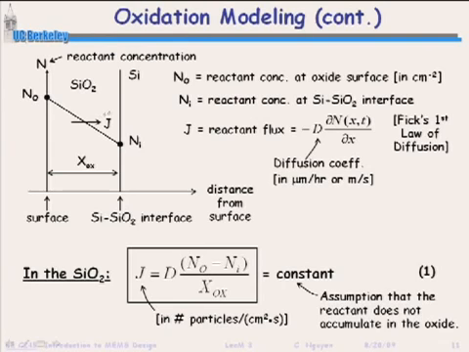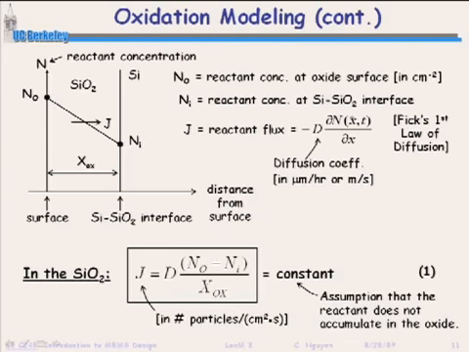N naught is at the oxide surface, Ni is at the silicon dioxide interface, J is the reactant flux, defined by diffusion coefficient times the derivative of the concentration with respect to distance x into the substrate. And so basically the diffusion coefficient times the gradient of your concentration. In the end, you can define that flux as just D times this straight line gradient here.